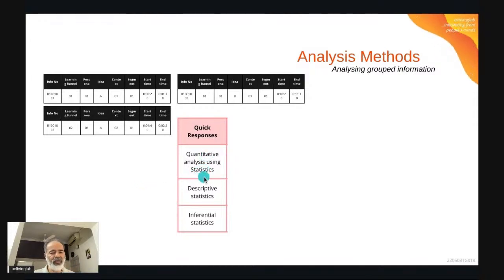The analysis method is quantitative analysis using statistics, because it's data. We already said that individual information is grouped. That grouped information you can analyze. So for that group, it is quantitative analysis using statistics. That is the method. Then you can apply descriptive statistics and inferential statistics.